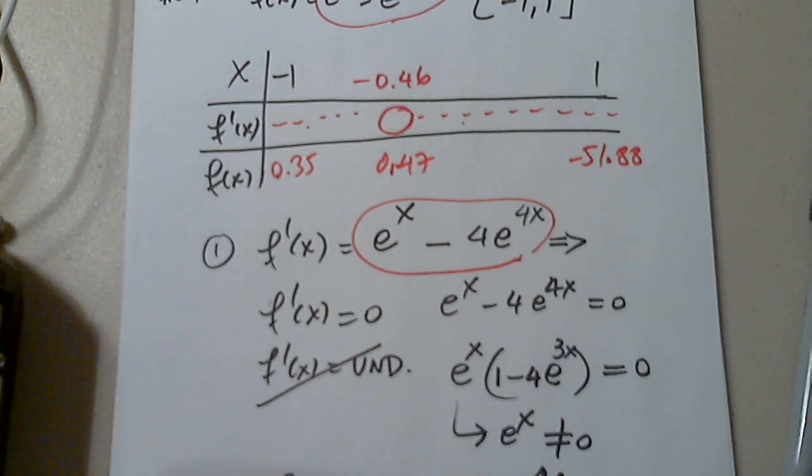So the function was this, right? We chose 24. So e to the x minus e to 4x from -1 to 1. So here's the function, e to the x minus e to 4x. And here's the derivative, e to the x minus 4 e to 4x.